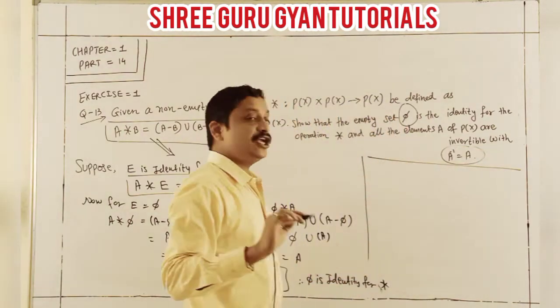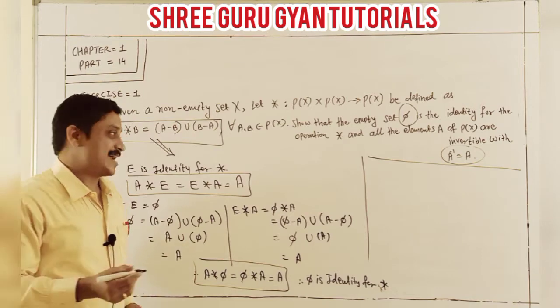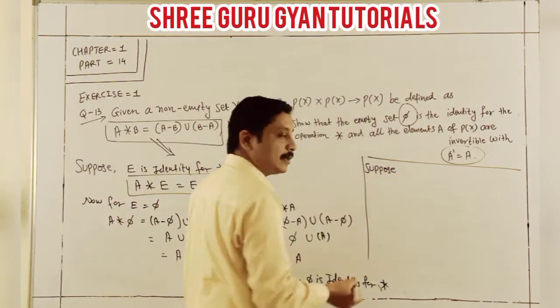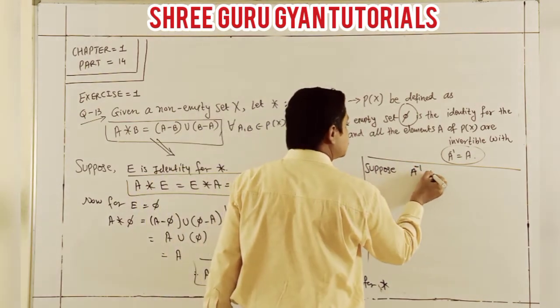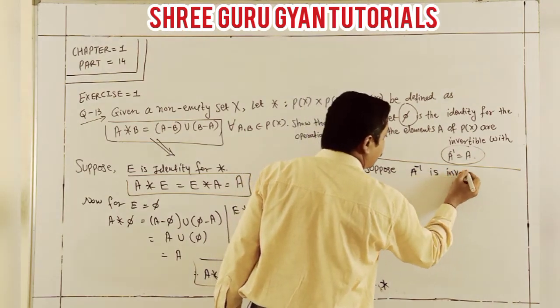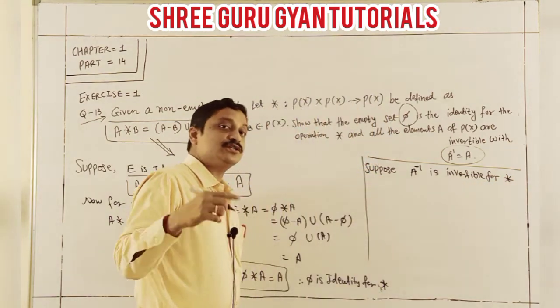Now, secondly, I am going to the invertible property. Assume A inverse is the inverse for the given binary. What is the property?